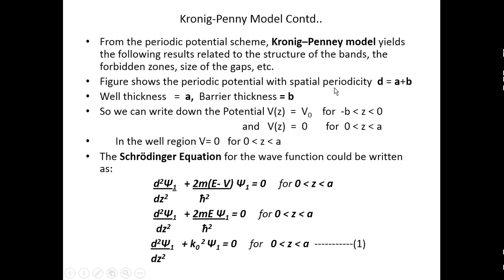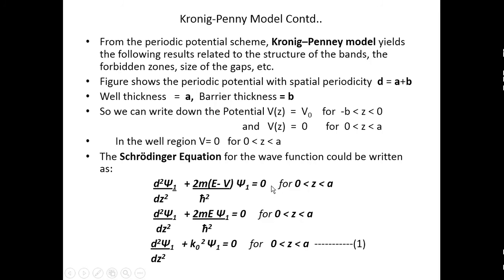So for the region 0 less than z less than a, this is the wave equation, where E is the energy, 2m (E minus V) psi 1 divided by h cut square. So that is equated to 0.